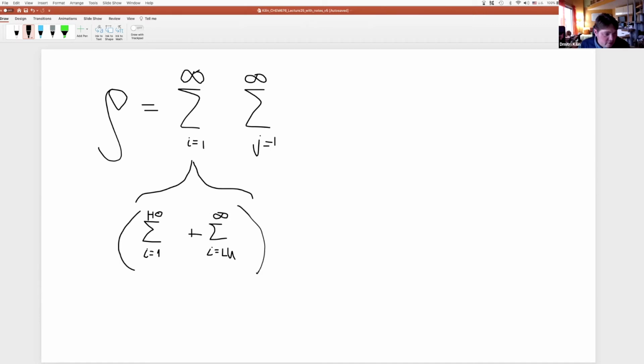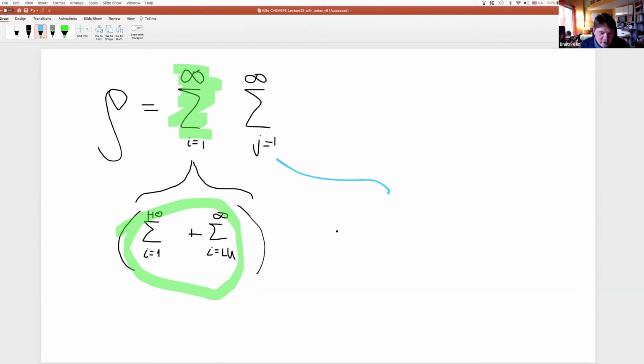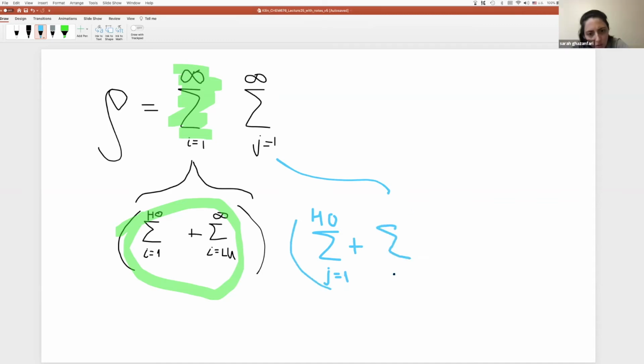Make sense? So we replace this summation by a bracket, and then the second summation can be replaced in a similar way. The summation of j from 1 to HOMO plus j equal to LUMO to infinity.